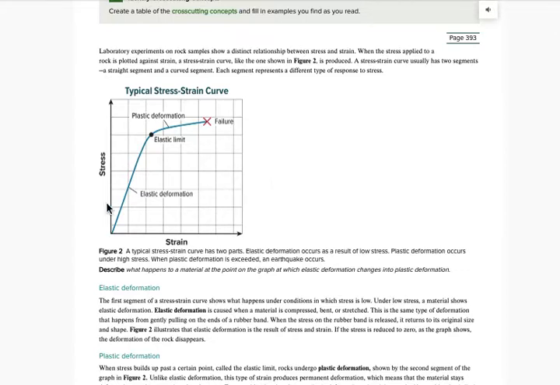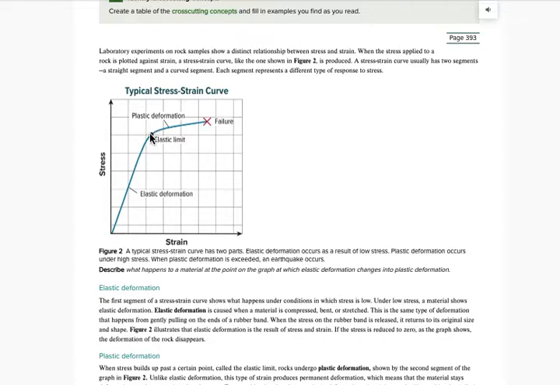So this is called a stress strain curve, and on it, you'll see at the beginning part you have elastic deformations. That means that the strain and the stress is high and the rock is being bent and twisted, but at any point here, if you let off before you get to something called the elastic limit, the rock will return to its normal shape.